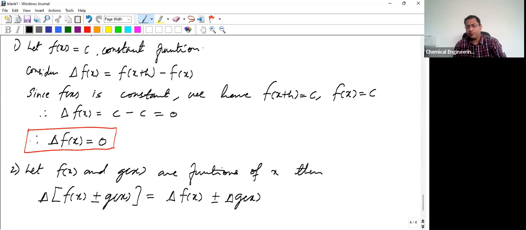So this property is called the linearity property.